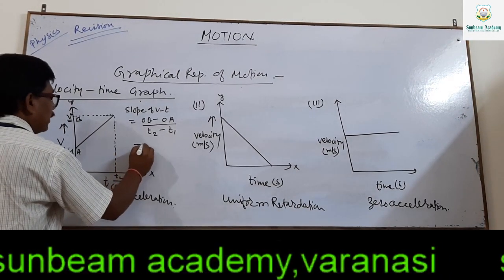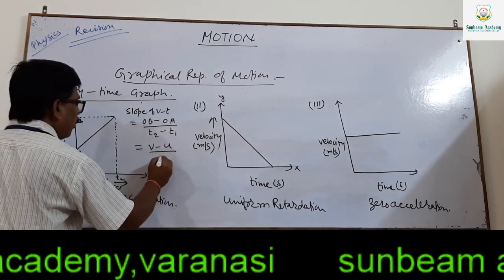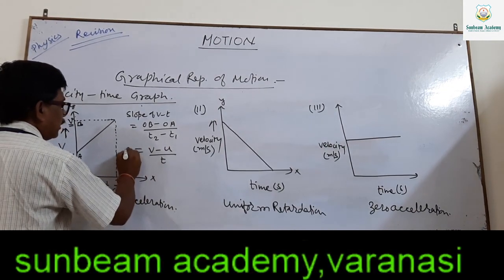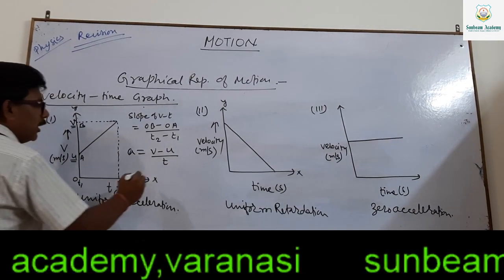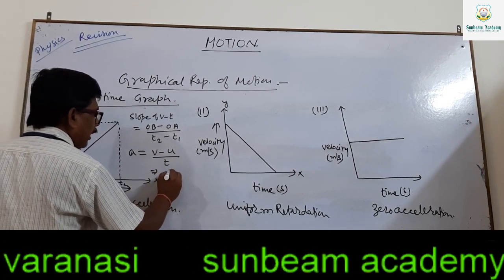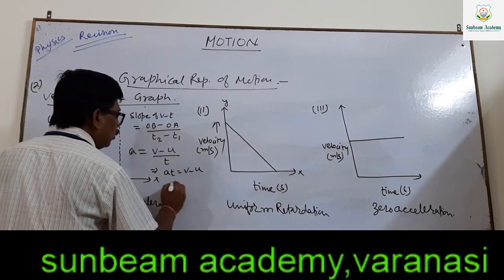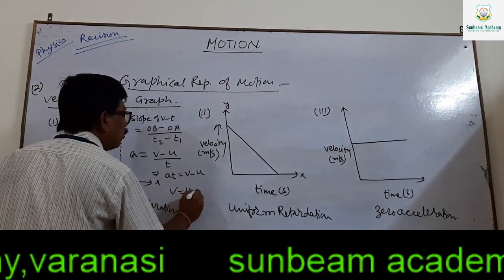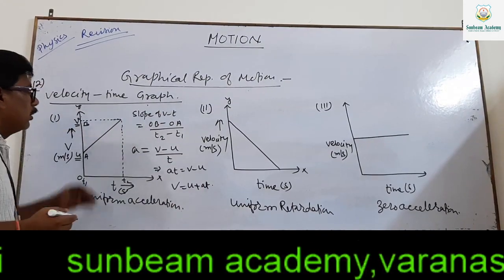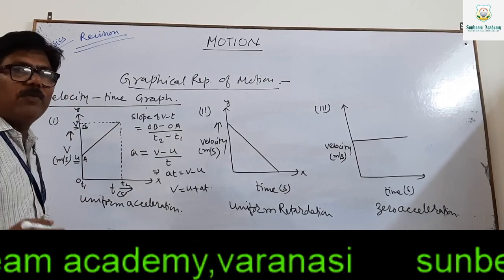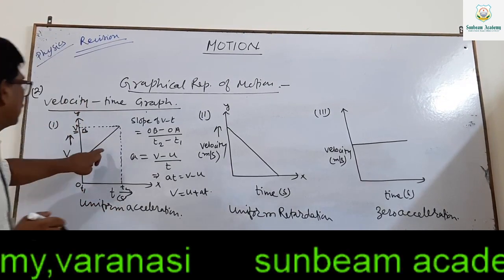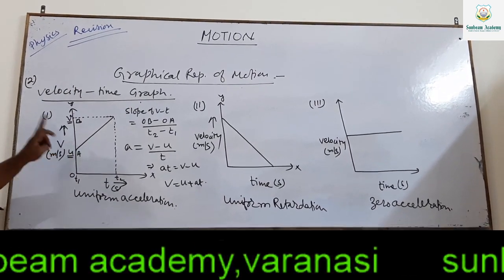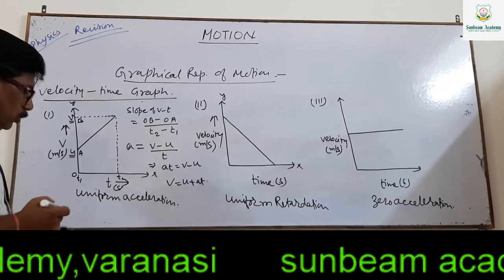OB is V minus U upon T2 minus T1, which is T. And this gives the representation of acceleration, and this becomes AT equal to V minus U, or V equal to U plus AT. We will derive it later with the help of this graph, how to derive the different equations of motion. But this graph represents the uniform acceleration of the body when the initial velocity is not zero.